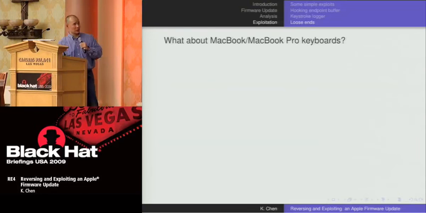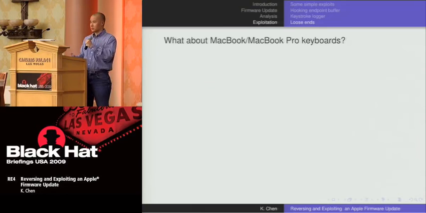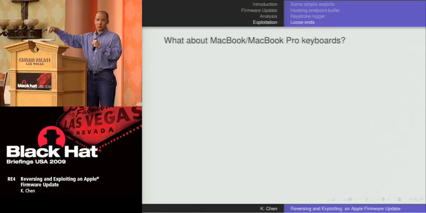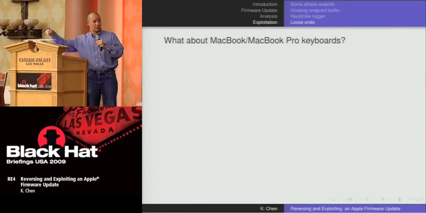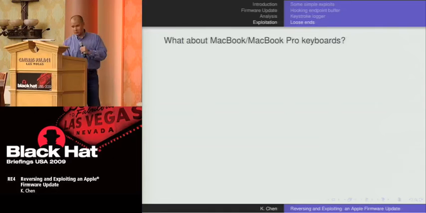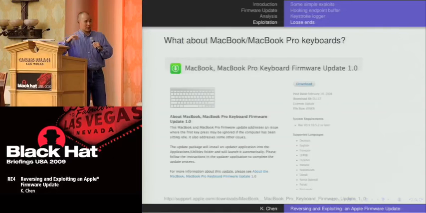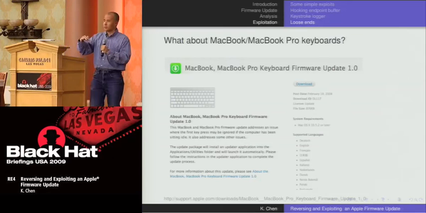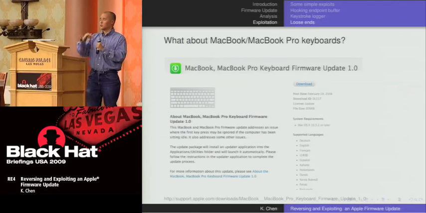Okay, so what about the MacBook and MacBook Pros? Here, I've just been talking about this external Apple aluminum keyboard. So what about the portable keyboards? Apple has also issued firmware updates for those. And if you look at a MacBook, MacBook Pro, those internal keyboards are actually USB keyboards.